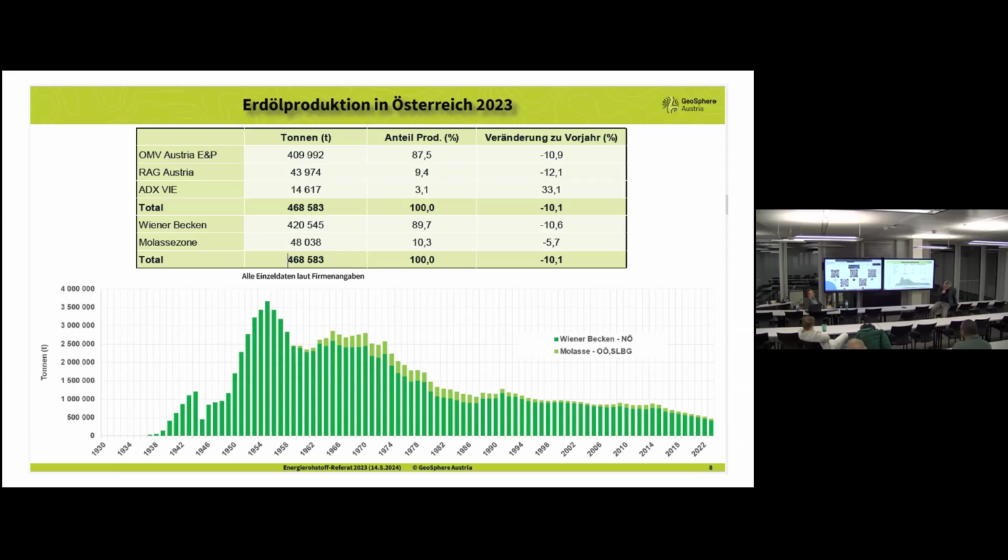But the backstory of the refinery in Schwechat is interesting because you had something like 5 refineries in Vienna. You had one in Floridsdorf, one in Kagran, one in Vösendorf, and the backstory of these refineries is, of course, this Galician oil.